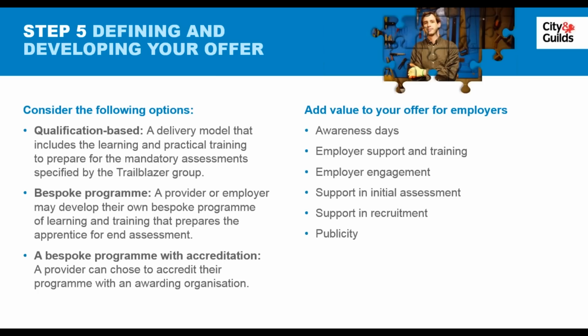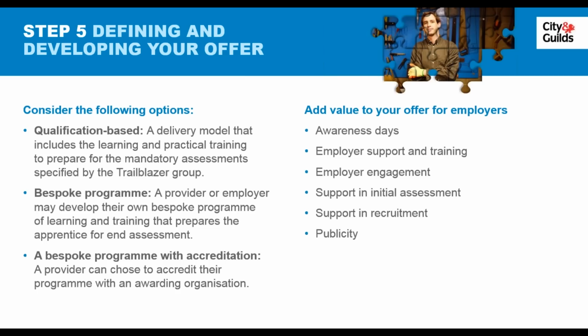including endpoint assessment. So the different aspects of your offer, clearly there's going to be the following options. Qualifications based, so this is around your delivery model that will include the learning and practical training to prepare for the mandatory assessments which the Trailblazer Group has specified. So that's quite straightforward where there's a qualification in it.